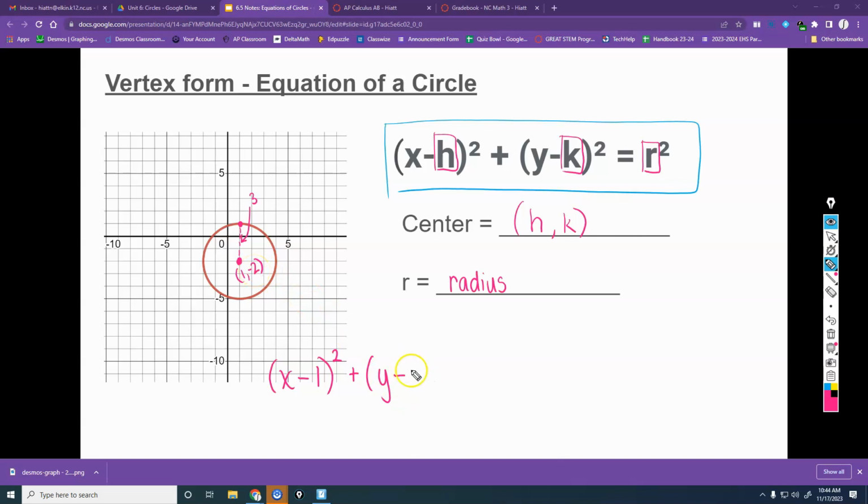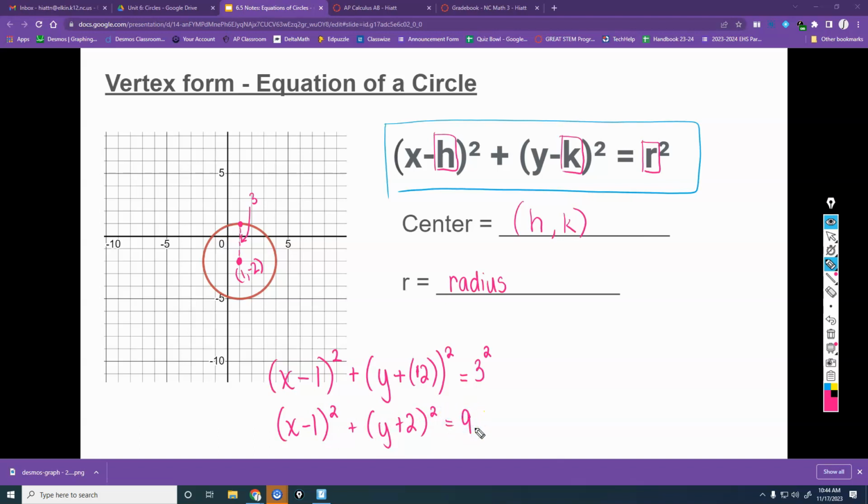Now, because that's -2 right there, what's going to happen with a -2? It's going to be a +2 right there because it's going to be the opposite sign. That's what's going to happen each time. We had a +1, we put a -1 right here. We had a -2, we put a +2 right there. And then this is going to be equal to the radius squared. So the equation for this circle would be x minus 1 squared plus y plus 2 squared equals 9.